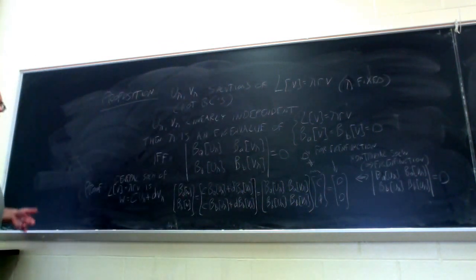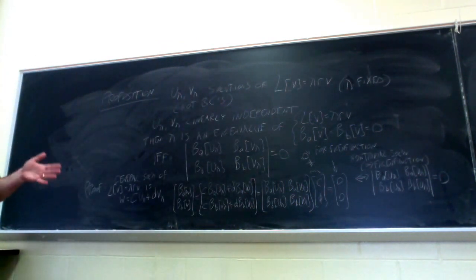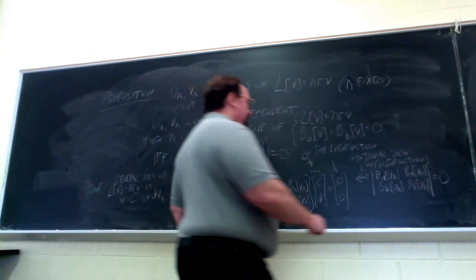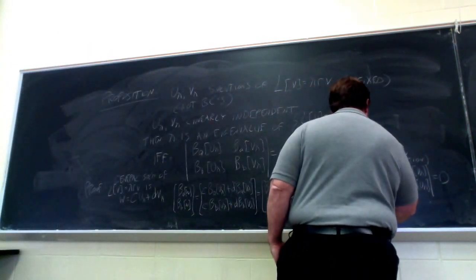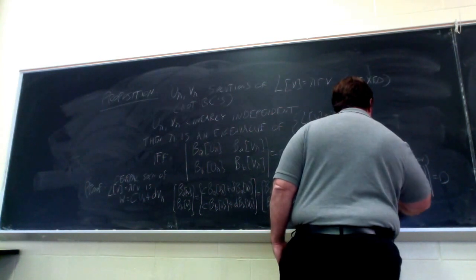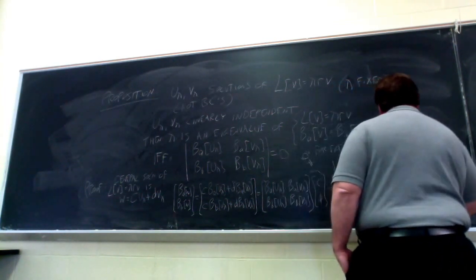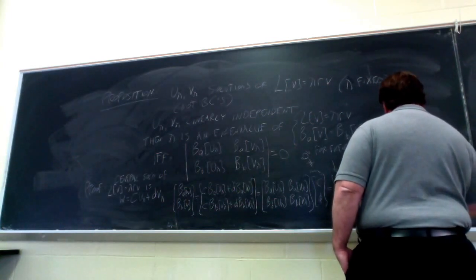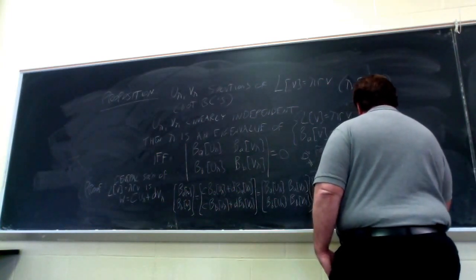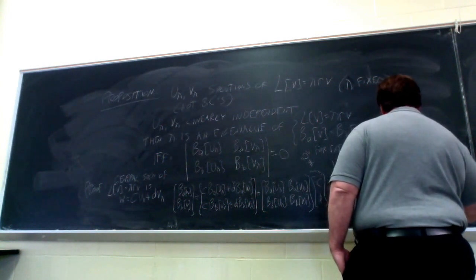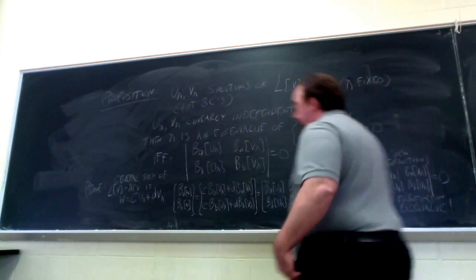So once that happens, you know you have a non-trivial solution. You have a non-zero C and D. Well, one of them could be 0, but they both cannot be. And if that happens, W is an eigenfunction, which is true if and only if lambda is an eigenvalue. Okay.